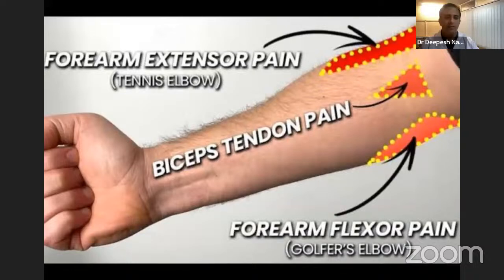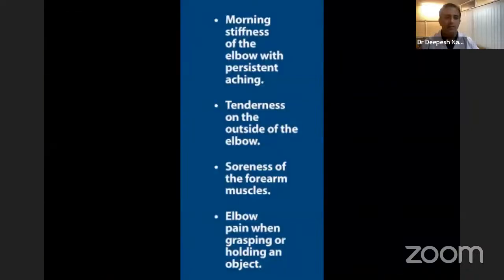Including all these pains, there is morning stiffness of the elbow with persisting aching. It could be continuous or persisting tenderness on the outside of the elbow. It is basically related to the tennis elbow and applies to the golfer's elbow also.